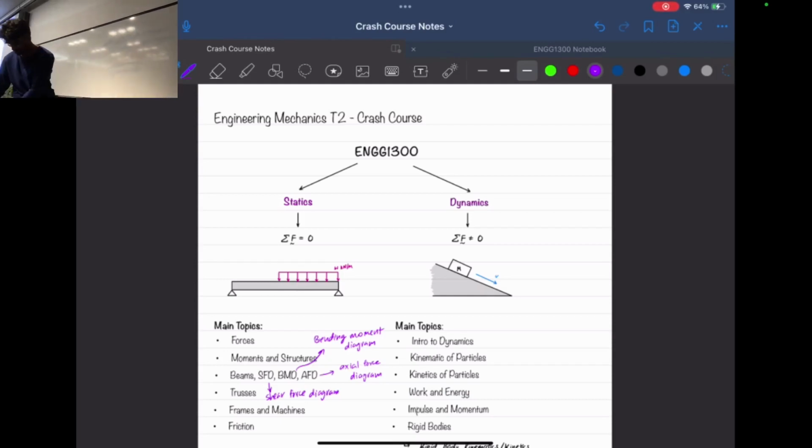Such a nice room. We've done all this demonstration, the statics stuff.